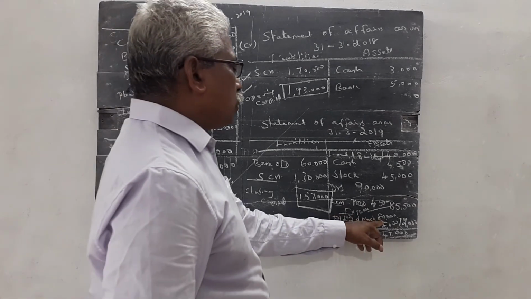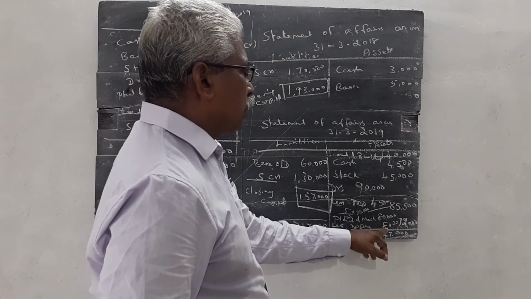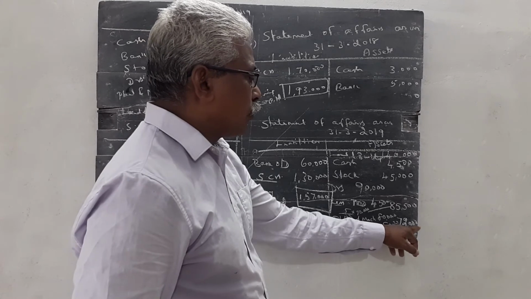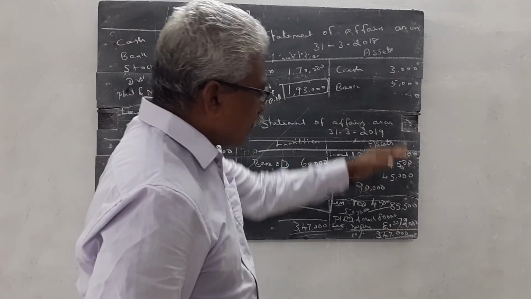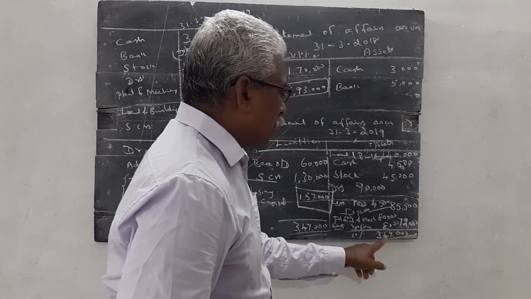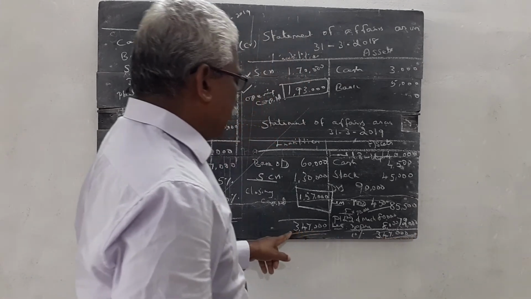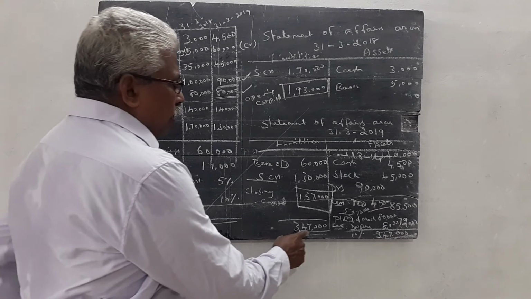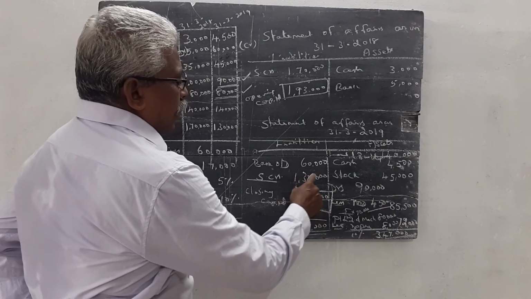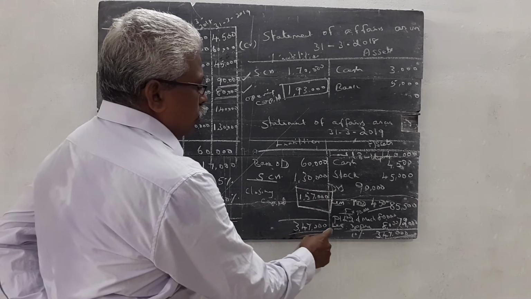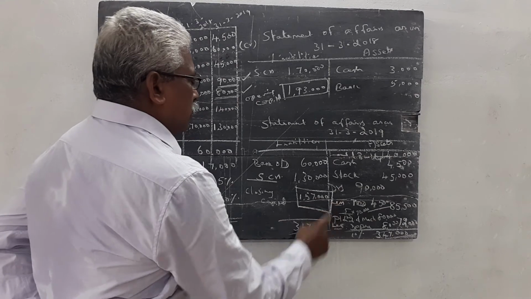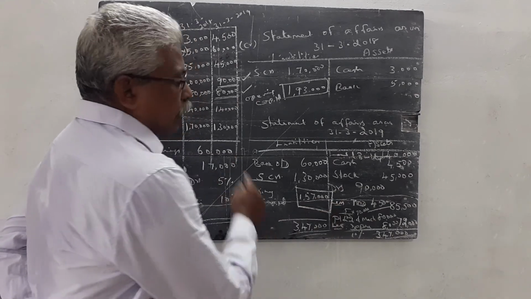So 10% of 80,000 is equal to 8,000. 80,000 minus 8,000 is equal to 72,000. If you total the asset side, we will get 3,47,000. The same 3,47,000 is entered here also. Liabilities are 60,000 plus 1,30,000, that is 1,90,000. 3,47,000 minus 1,90,000 is equal to 1,57,000. This is the closing capital.